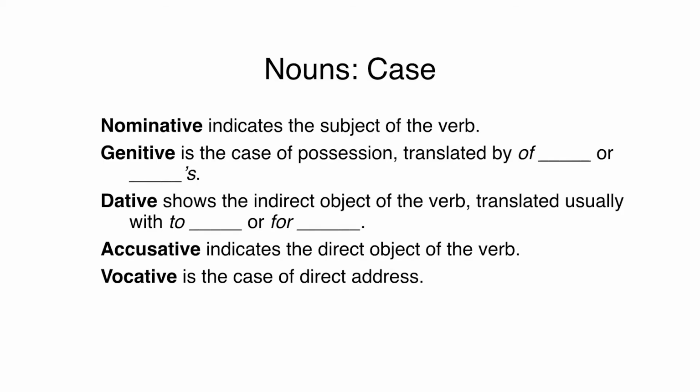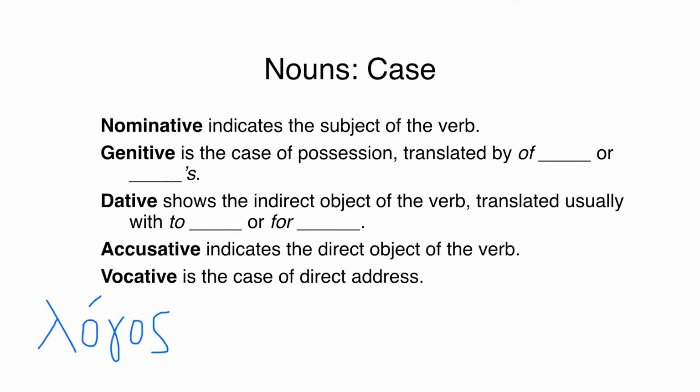Now just briefly, I want to show you how these cases affect the way that Greek nouns are spelled, how they're written. Now let's just take the common Greek word logos. You see the word logos there, which means word or thing. Word is the basic meaning.